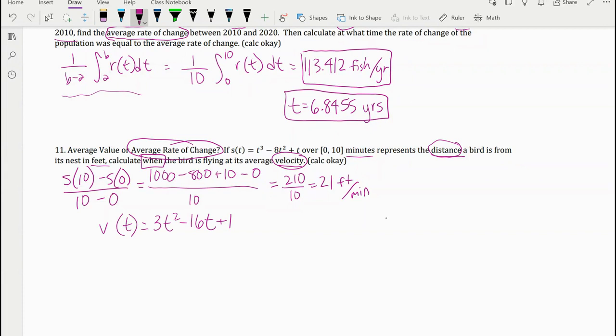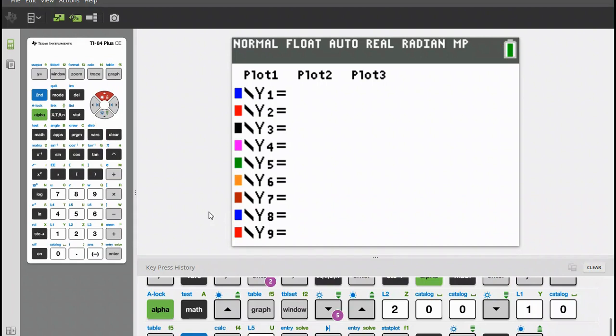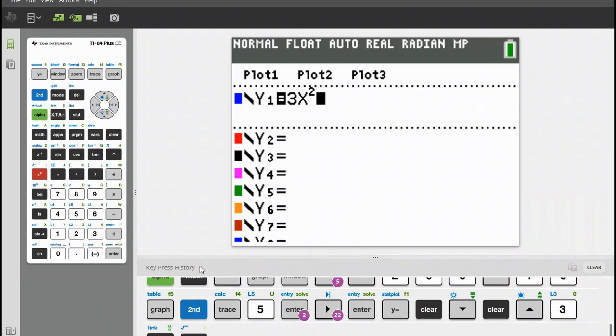So when is the velocity equal to 21? So 0 equals 3t squared minus 16t minus 20. Now, I already subtracted 21 from both sides, so I don't need to set one of my equations equal to 21.